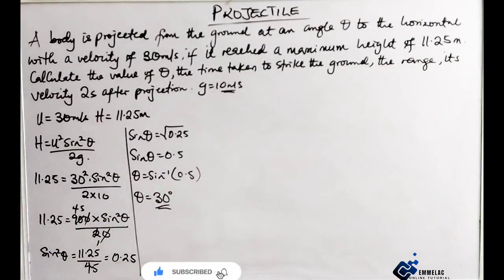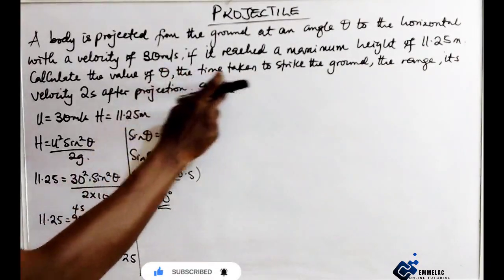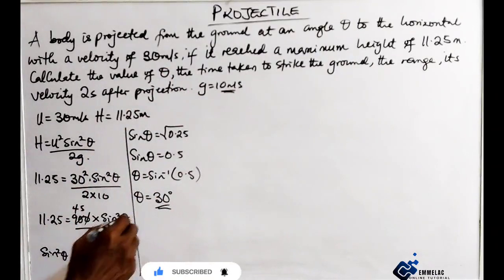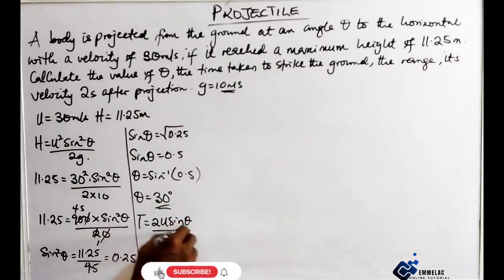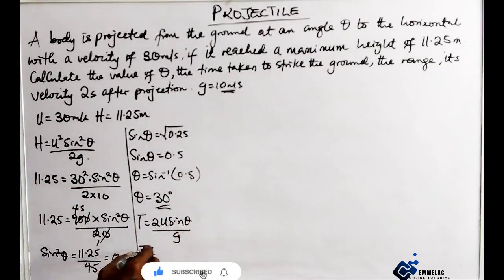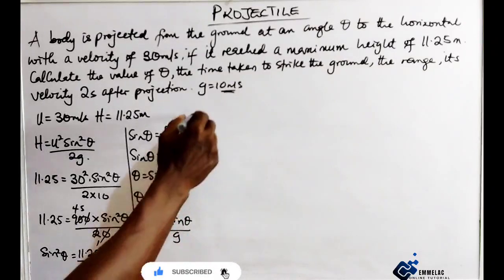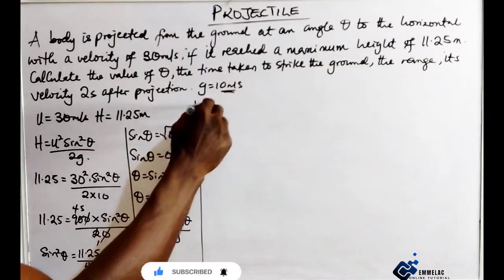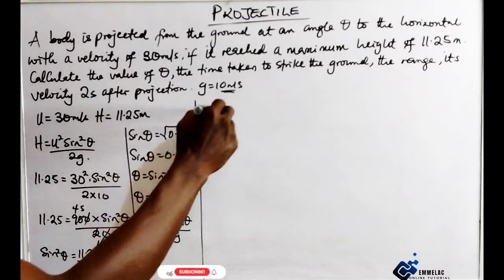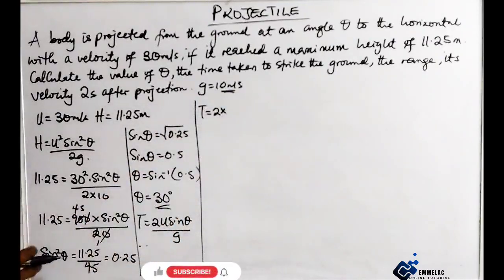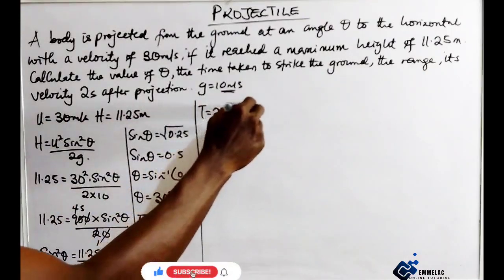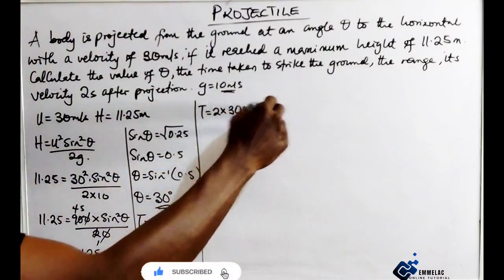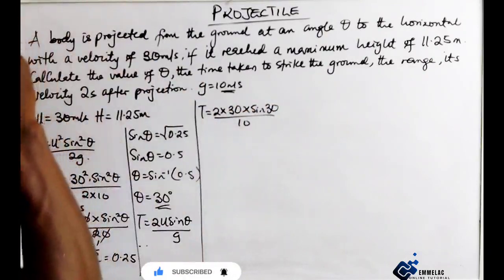The next one is the time taken to strike the ground, that is the total time of flight. We have 2u sine theta all over g. So here we have 2 times 30 times sine 30 over 10.